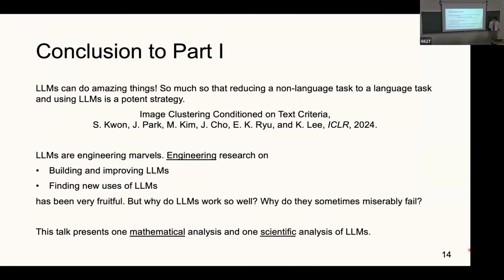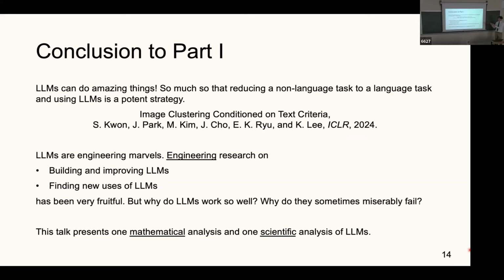Okay, so my conclusion to this first part is that LLMs are very, very, very powerful. So much so that a lot of recent research has been focused on reducing non-language tasks into a language task and having LLMs solve it. And I told you about this RL video game playing agent, and it really annoys a lot of classical RL researchers because they don't think of using an LLM as RL, but it is.